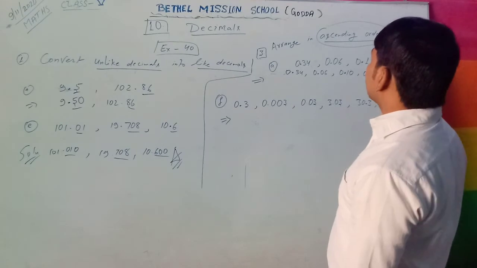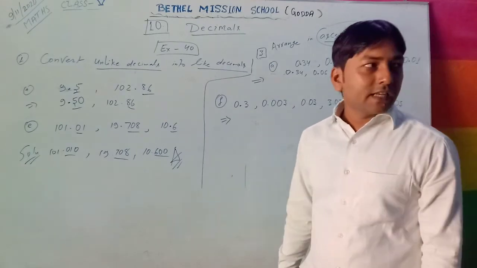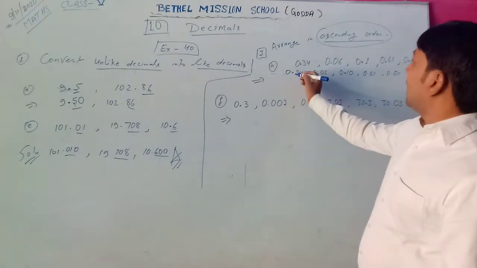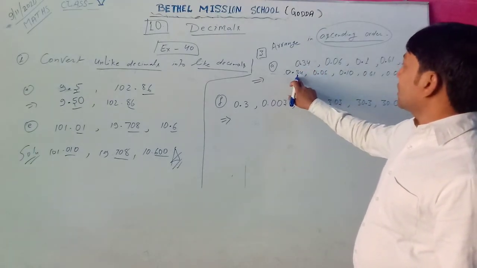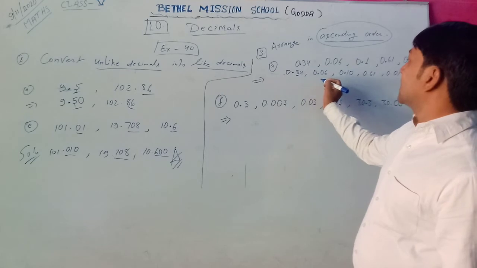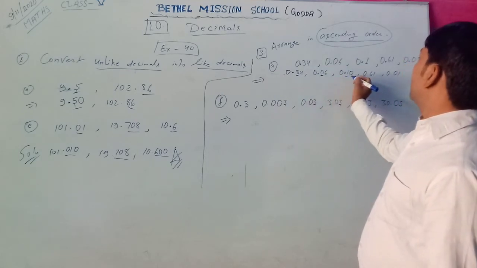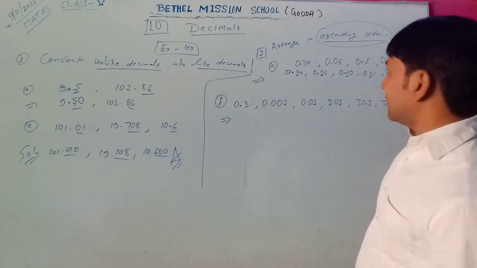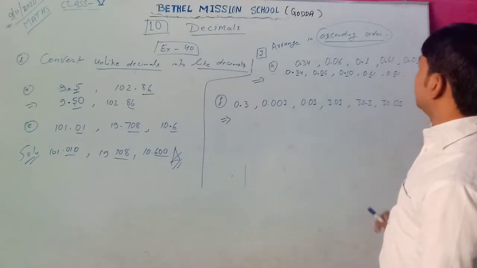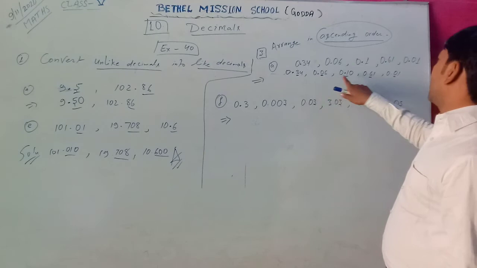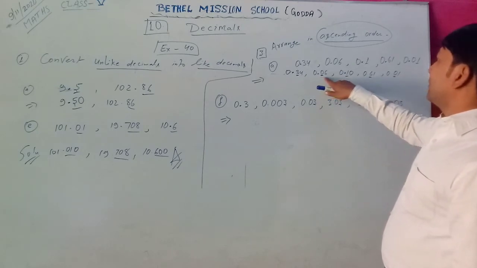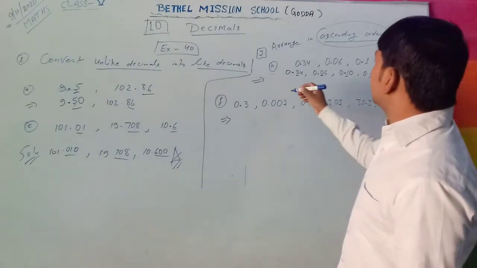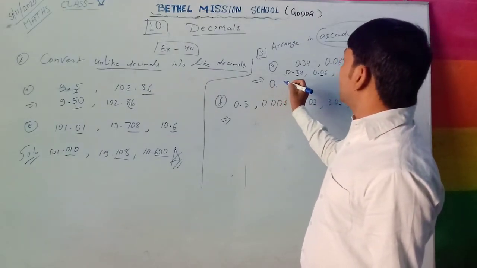In ascending order, we write the smallest first. Which one is the smallest? After the decimal you have to find out: 3, 0, 1, 6 and 0. You know 0 is the smallest digit, but here the 0 and the 2nd place are 0. 0.6, 0.1, which is the smallest? So 0.1 is the smallest.